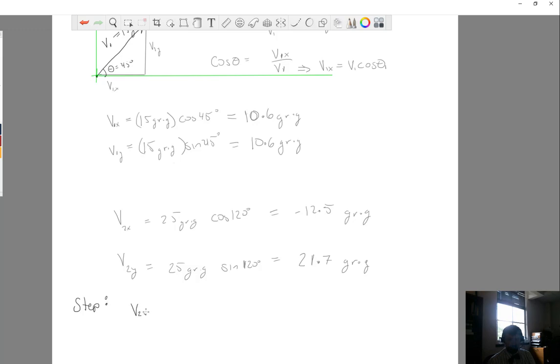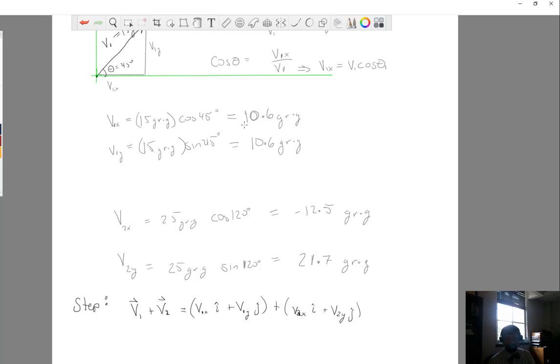So V1 plus V2 would be V1x i hat plus V1y j hat, and to that we're adding V2x i hat plus V2y j hat. This is V2x. This is V1. All right.